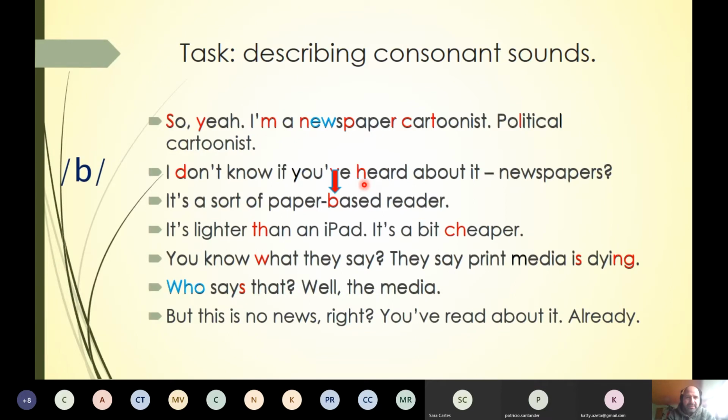Then I have b, which is voiced. It's a bilabial sound, and it is plosive. Then I have th in the section, lighter than an iPad, then. The th is voiced, interdental and fricative. Then I have the adjective cheaper.